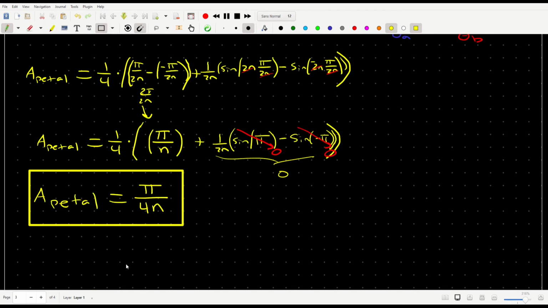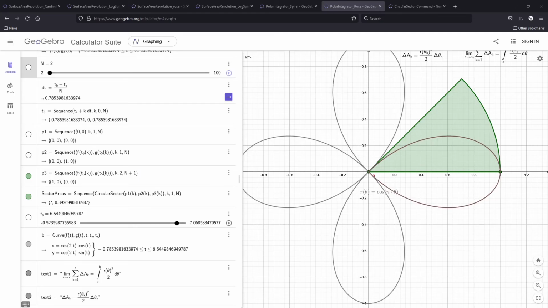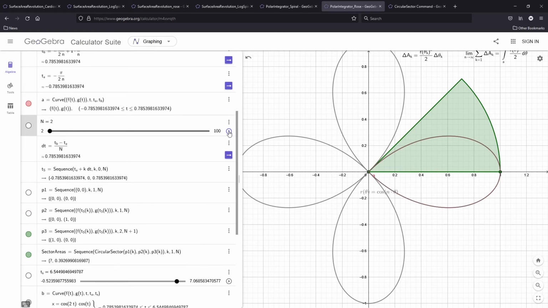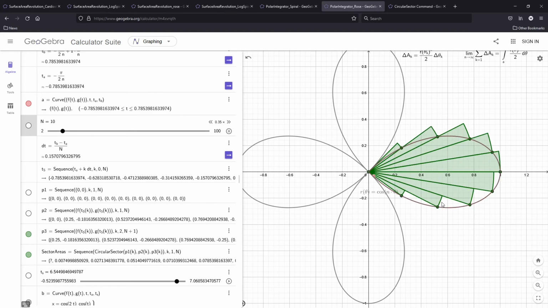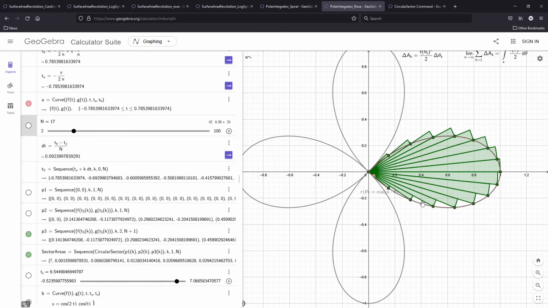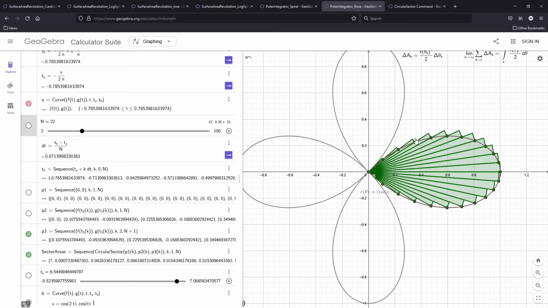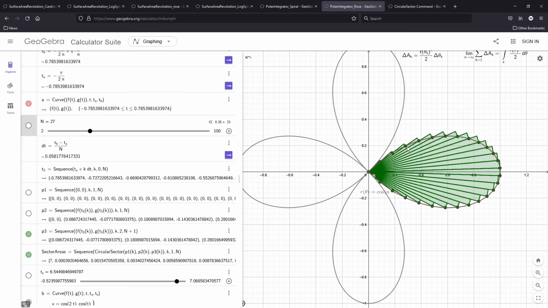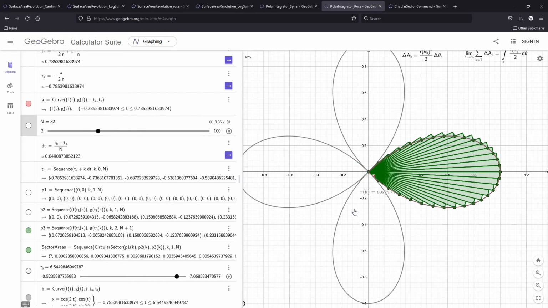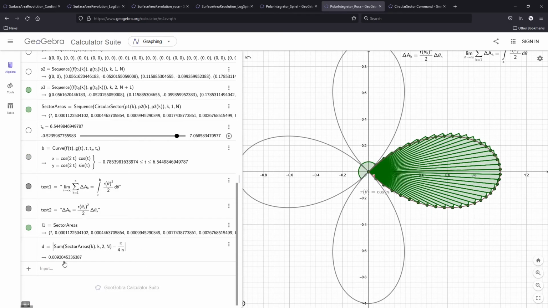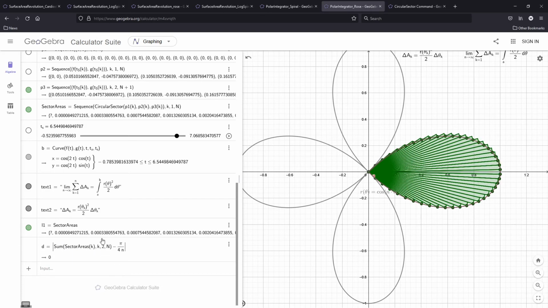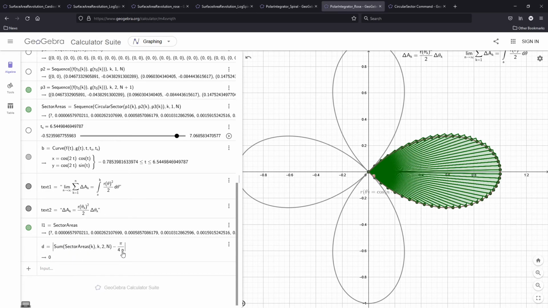This is the exact area of one petal of the rose for any value of n, right? For any of the values of n that we looked at. Sure enough, if we switch over now to the plot here, we can directly see this. We also see something really nice as well. For this Riemann sum that I'm drawing right here, the errors look like they're exactly matched because of symmetry. So the overestimates here are the same as the underestimates here, and we get a really fast convergence of the sum of each one of these areas. So you can see this is the error right here.